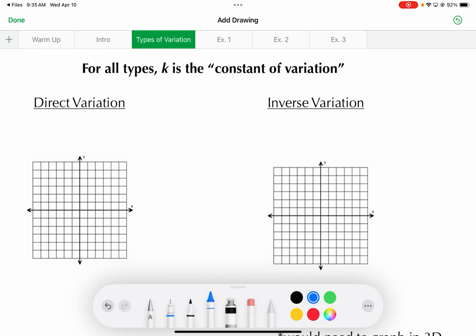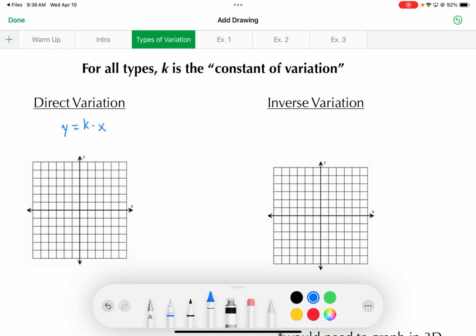The first type you should have some experience with probably from Algebra 1. It is known as direct variation, and it would follow this format: y equals k times x, where k is known as our constant of variation, okay? Now, whenever we're working with variation, we're trying to make a comparison between two or more variables.